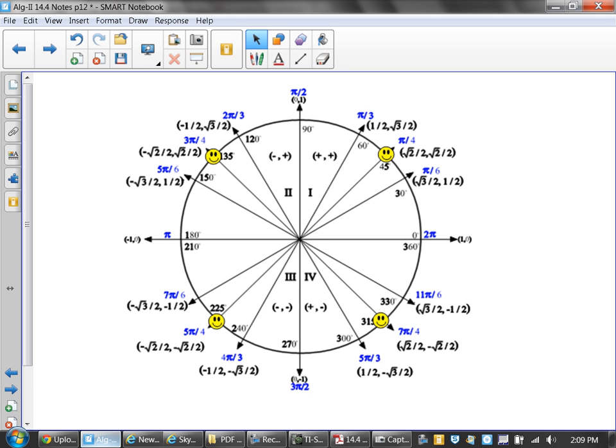Now if I start at my first happy spot, how long does it take me to get to my next happy spot? Pi over 2. How long does it take me to get to my next happy spot? Pi over 2 and pi over 2.